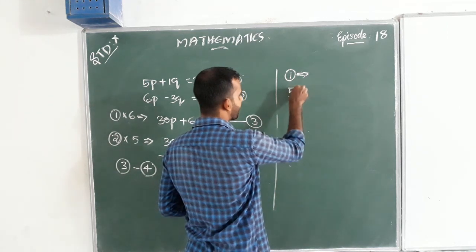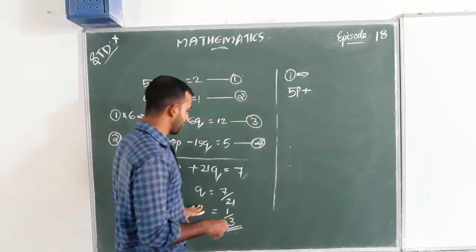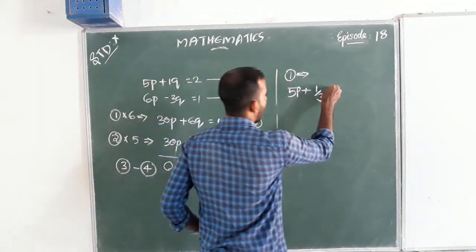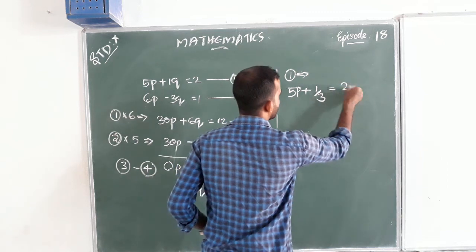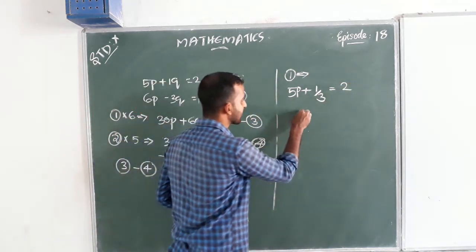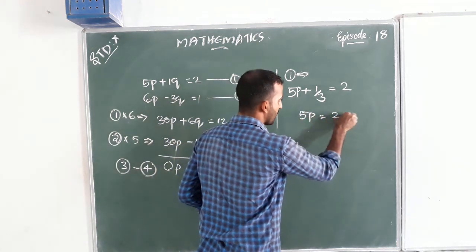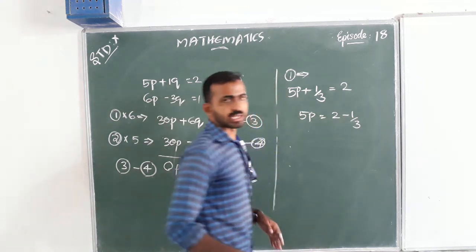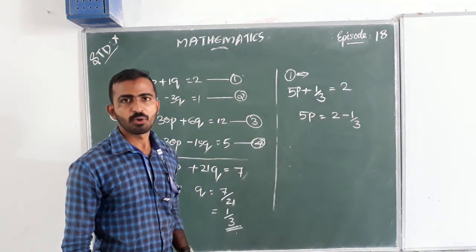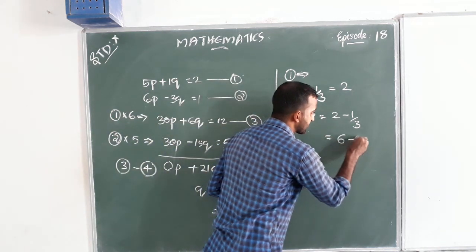We put the value of q in equation number 1. We can write 5p plus 1 by 3 equal to 2. That means 5p equals 2 minus 1 by 3.